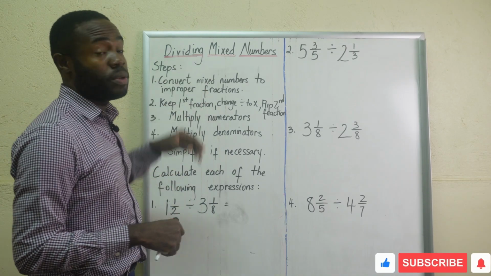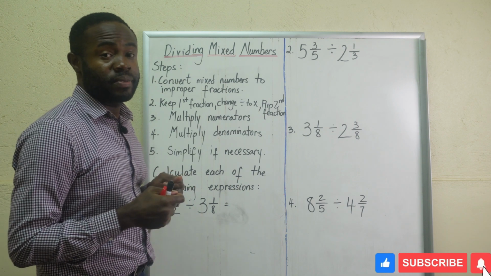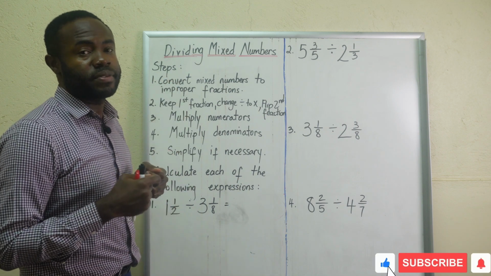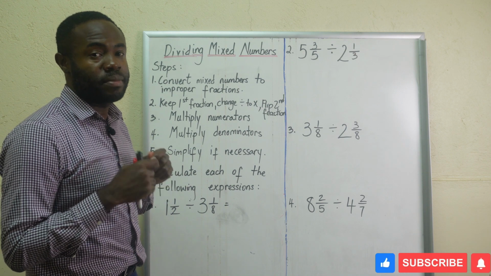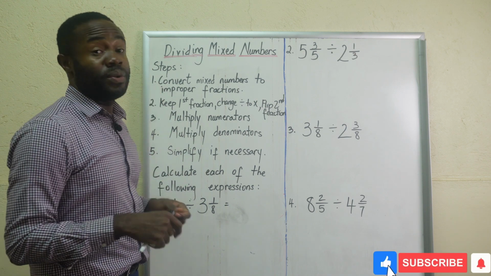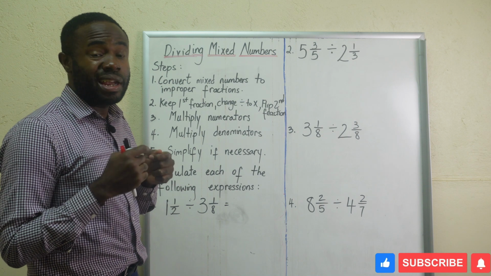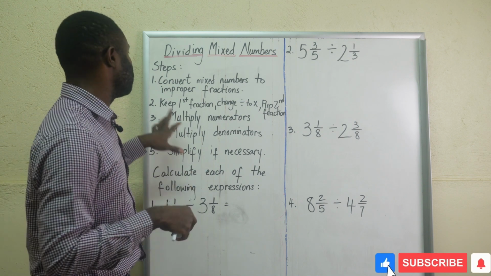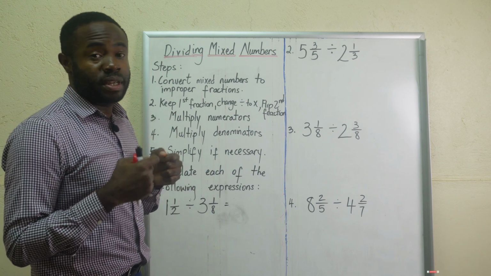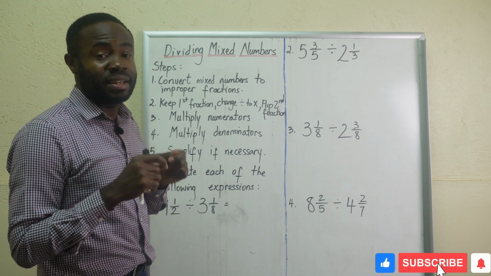In this lesson, we'll be dividing mixed numbers. There are 5 simple steps that I'm recommending when dividing mixed numbers. Step 1, you convert all the mixed numbers to improper fractions. Step 2, you carry out the steps that are done when dividing fractions.